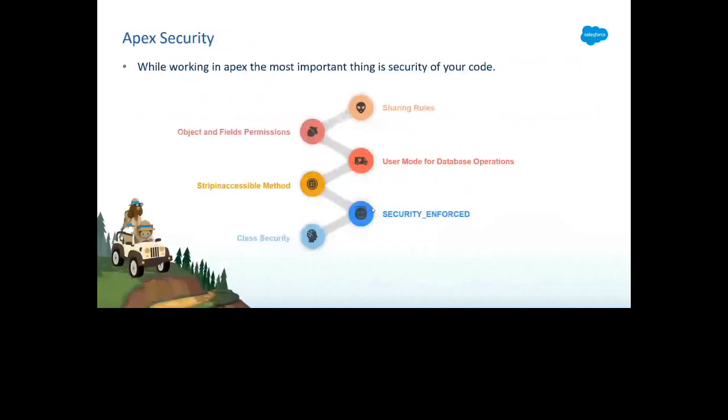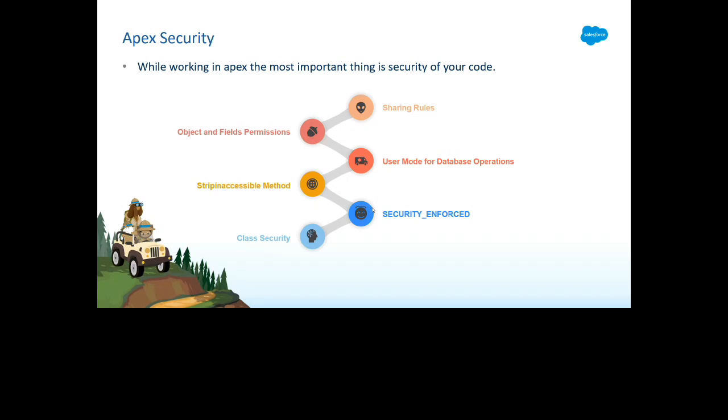So if we move to the next slide, Apex security. Apex security is the main topic. When you use Apex, the security of your code is always critical, because you are writing code where the security may not be implemented. If you leave loopholes in your code, this can cause a breach.